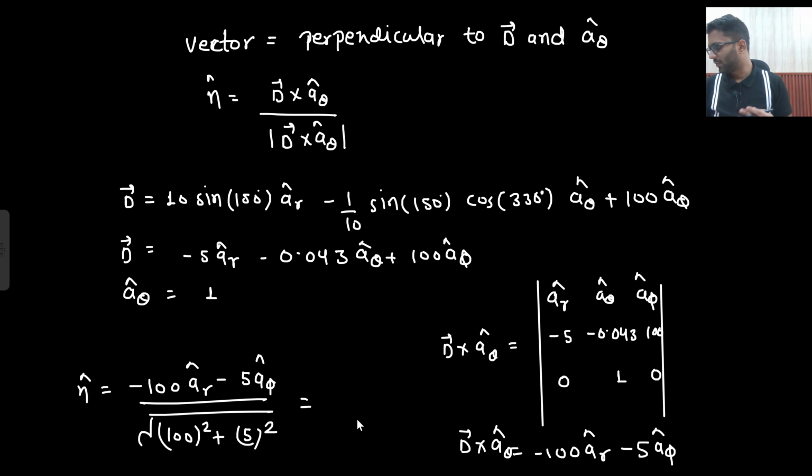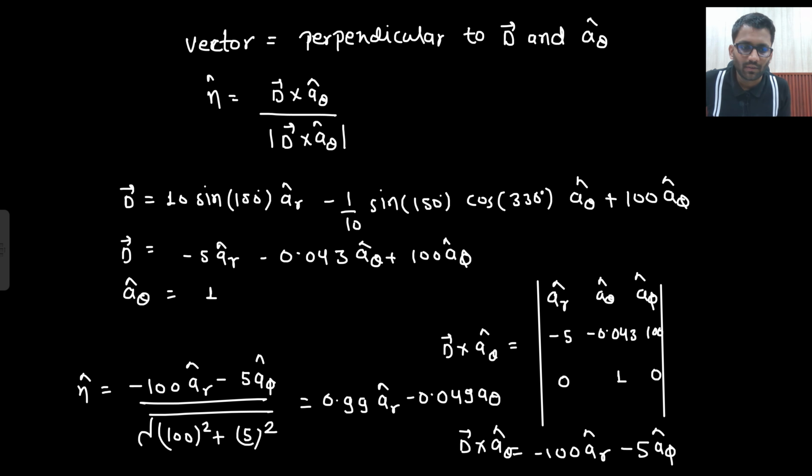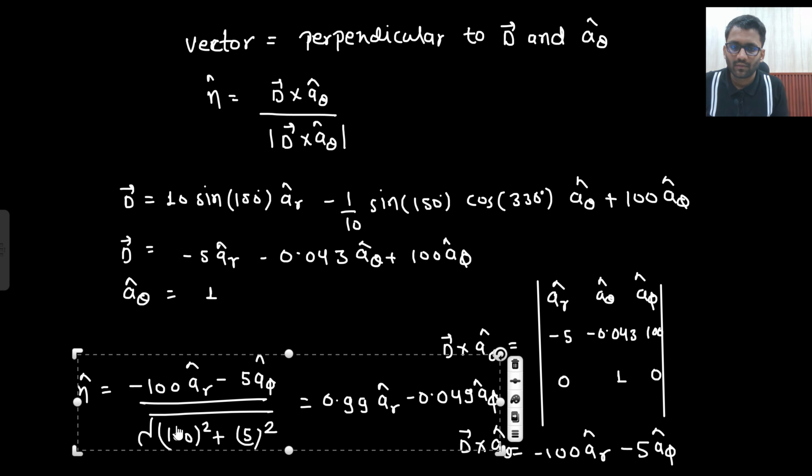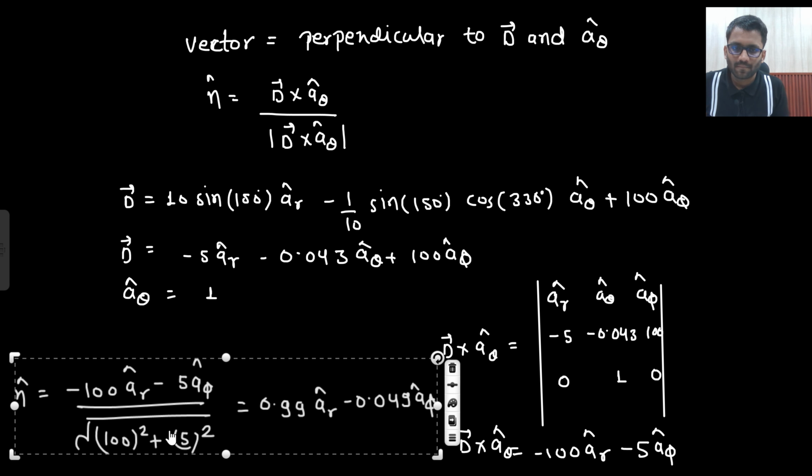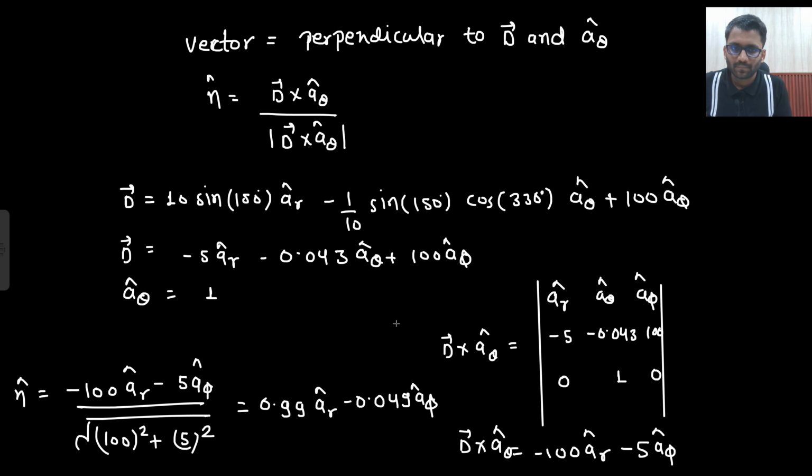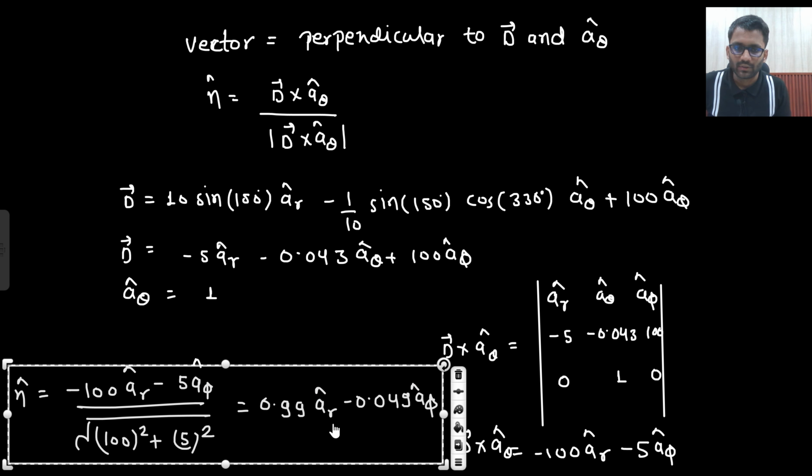That would be 0.99 AR cap minus 0.049 A phi cap. So this is the answer.